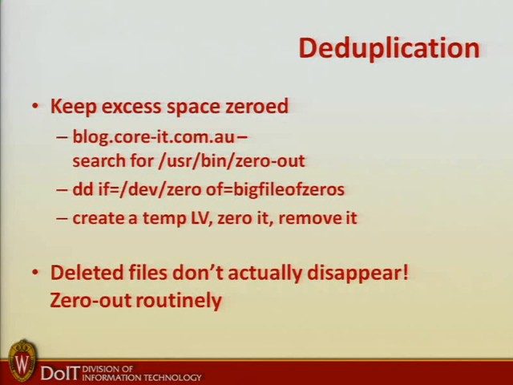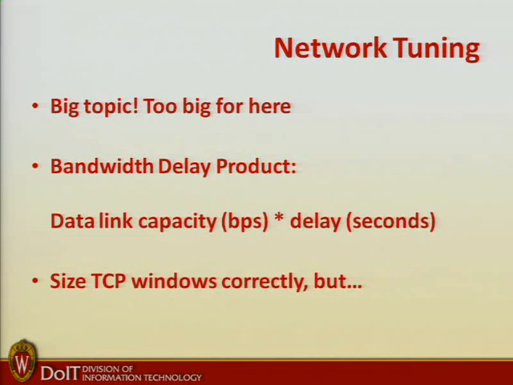We're going to bounce around a little bit. Like I said at the beginning, this is sort of a brain dump, and this is how I think. It's kind of scary. Network tuning. Network tuning is a big topic, and we could talk at length about it. There are a couple of key concepts you should be familiar with if you're going to mess around with network tuning. Basically, a big pipe.